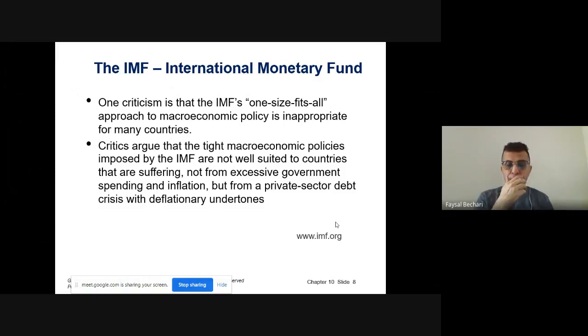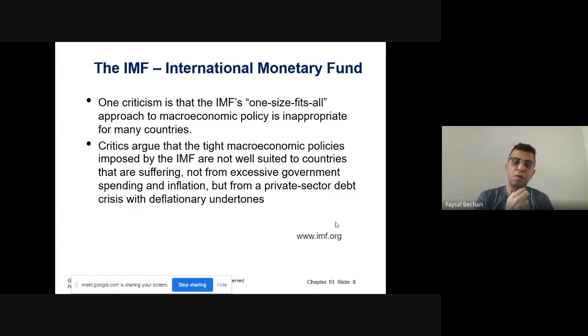It's not customized. The critics argue that the tight macroeconomic policy imposed by the IMF is not well suited to countries that are suffering not from excessive government spending and inflation, but from a private sector debt crisis with a deflationary undertone.